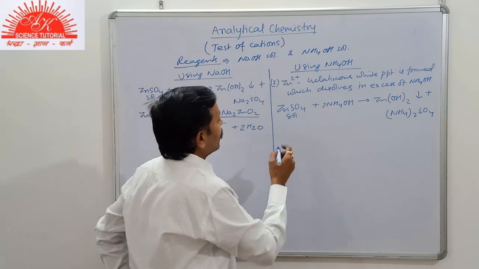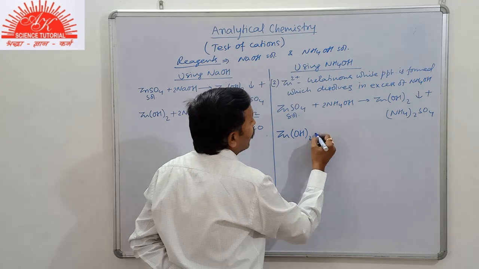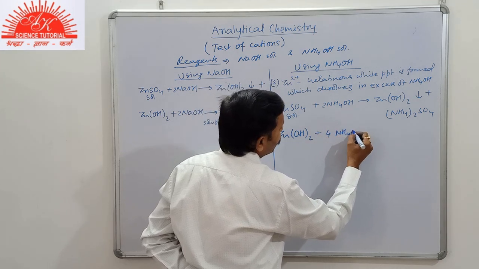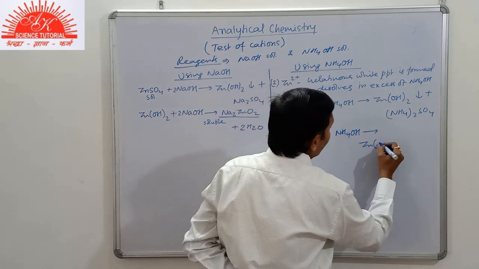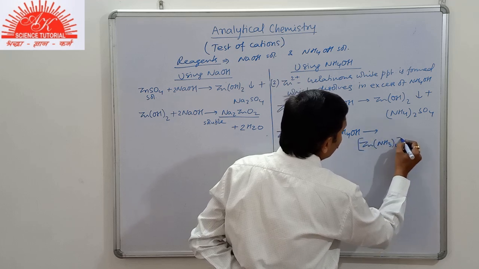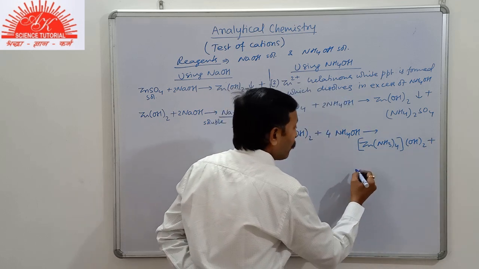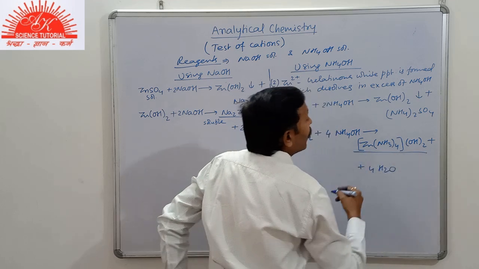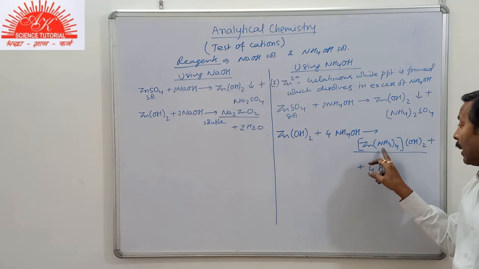Again zinc hydroxide reacts with more NH4OH and forms [Zn(NH3)4](OH)2 plus 4H2O. So this is a complex salt, that is zinc tetraammine hydroxide.